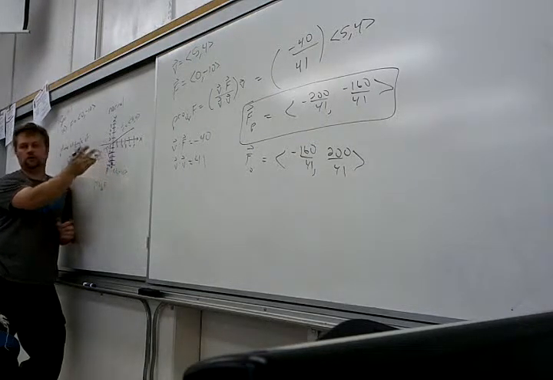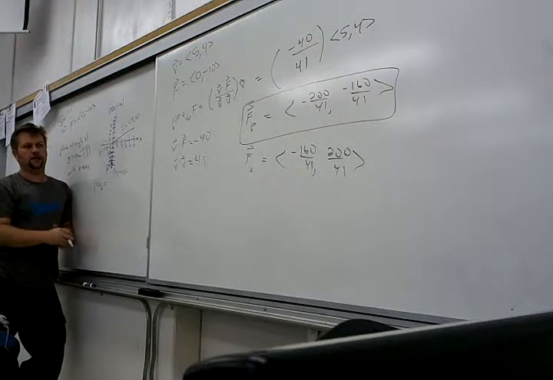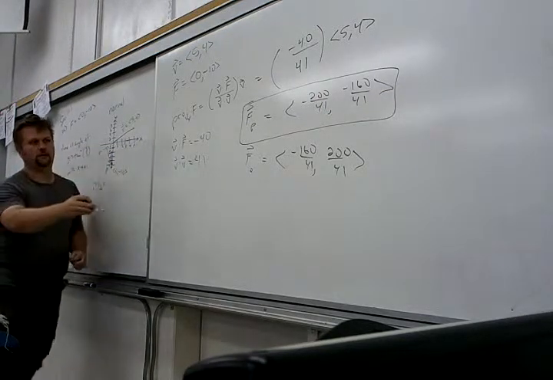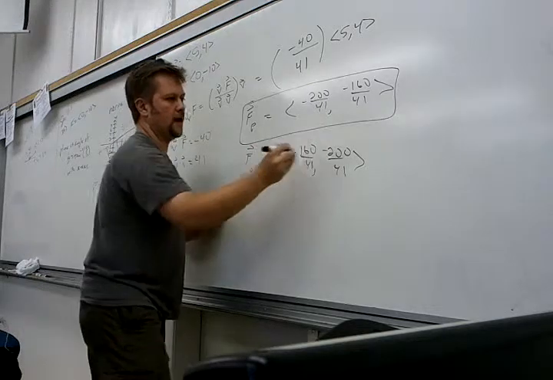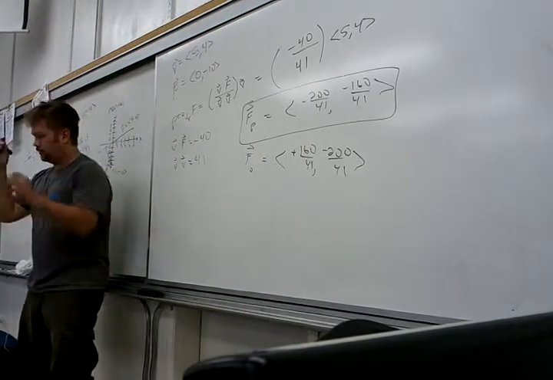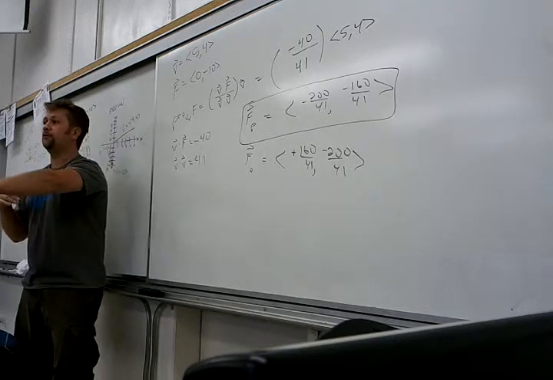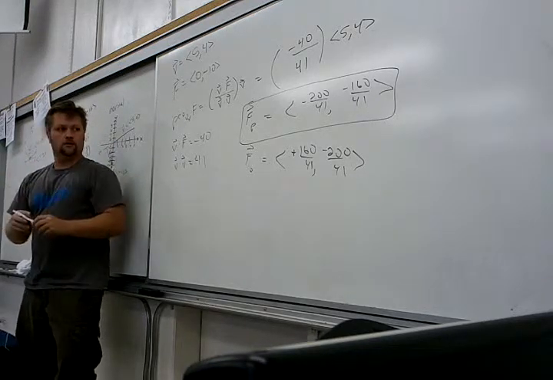So technically, which one should be positive, which one should be negative? The x should be positive, the y should be negative. Mathematically, it doesn't care. The dot product is still 0, but you want to make sure that with your picture, it's actually pointing in the right direction.